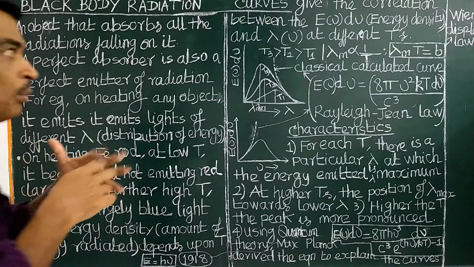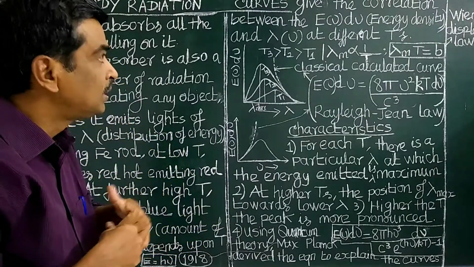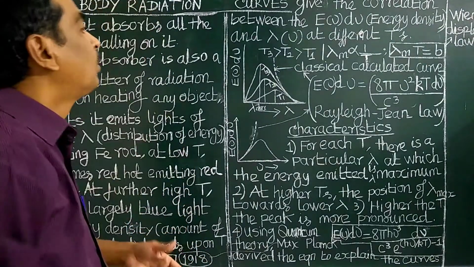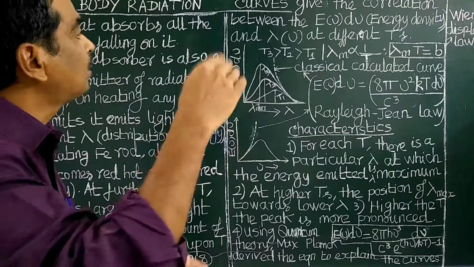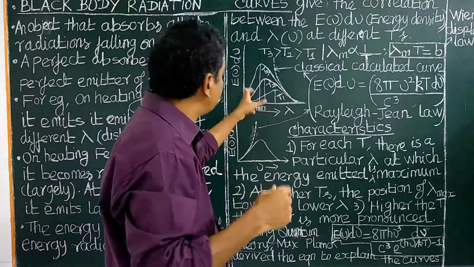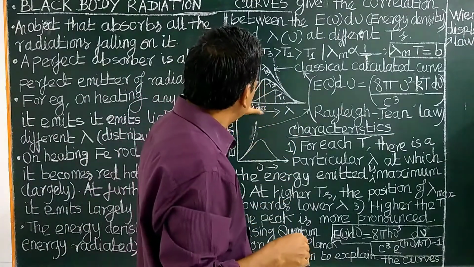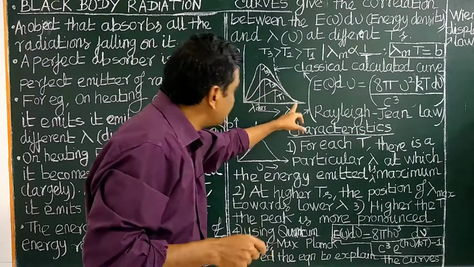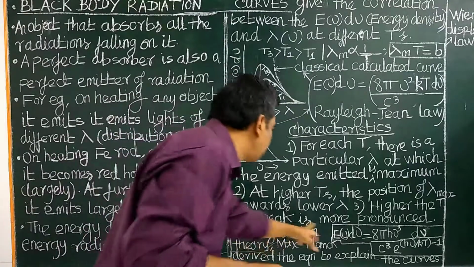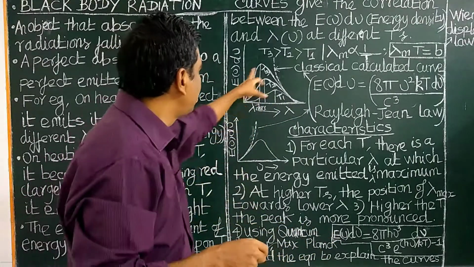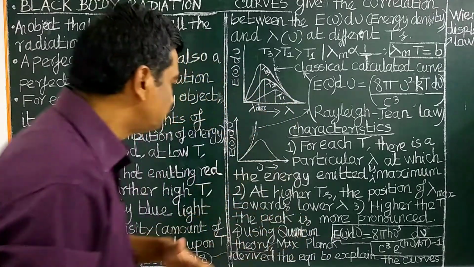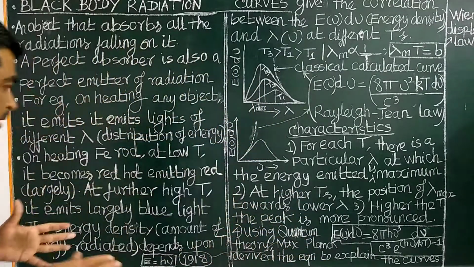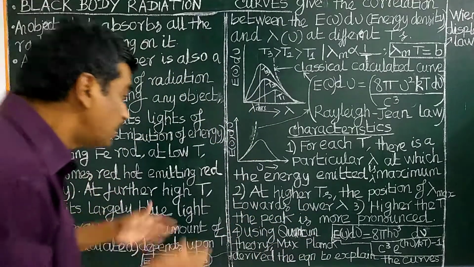The electrons are bound in an atom. They cannot go to very, very high levels. So these black body radiation curves were explained using quantum theory. Max Planck proposed quantum theory.